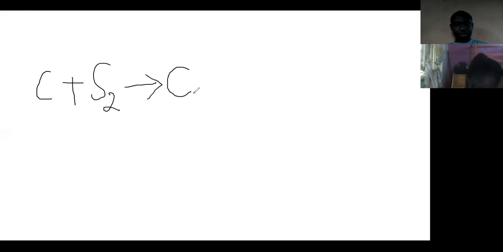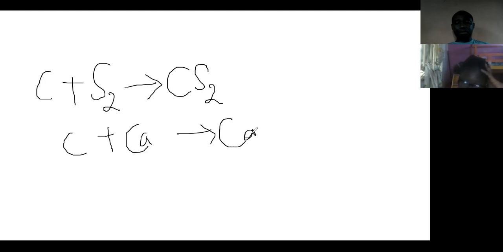Let's write the reaction. We see carbon reacting with sulfur to give CS2, carbon sulfide, or carbon reacting with Ca to give calcium carbide. So this is combination reaction.